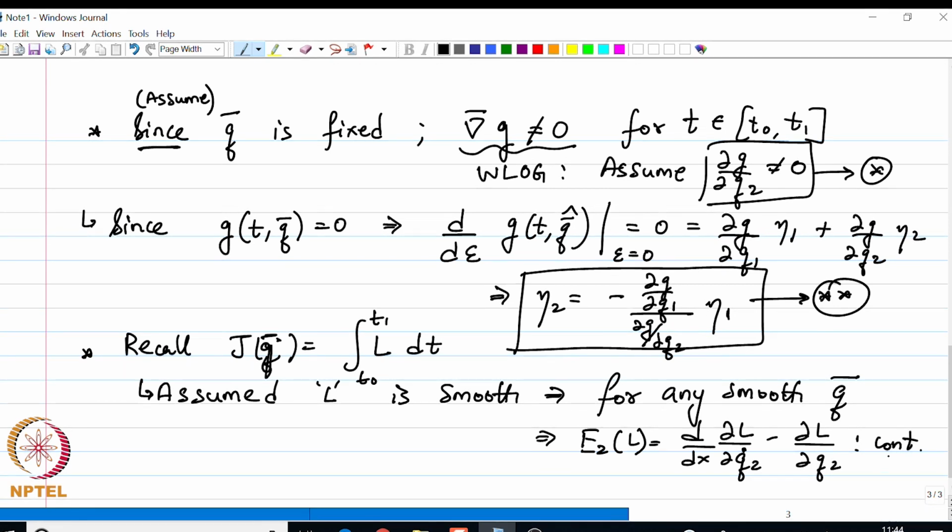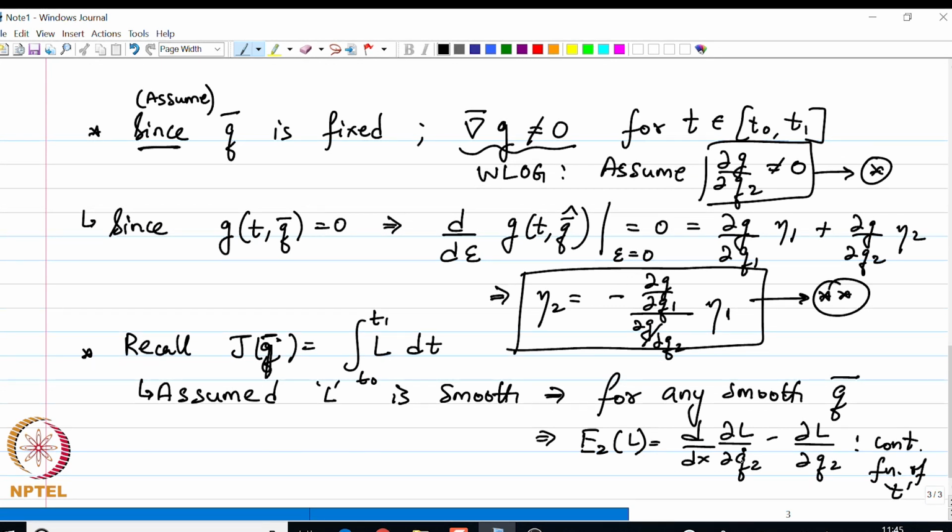So, this is also a continuous function of the parameter t, because if L is smooth and has derivatives up to second order, this operator acting on L must also produce a smooth function of t.